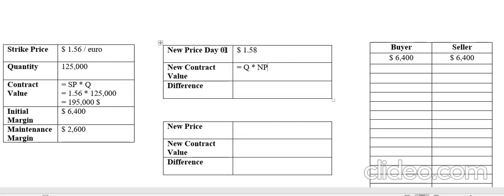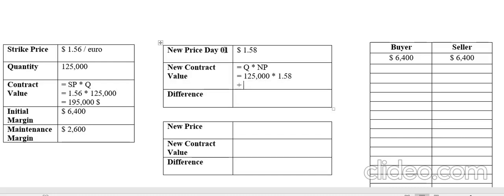So according to 1.58, our contract value would be the quantity that we are planning to buy multiplied by the new price. So we are planning to buy 125,000 euros with a price of 1.58 each, which means that the total value of the contract now will be equal to $197,500. So we are good to calculate the difference now.